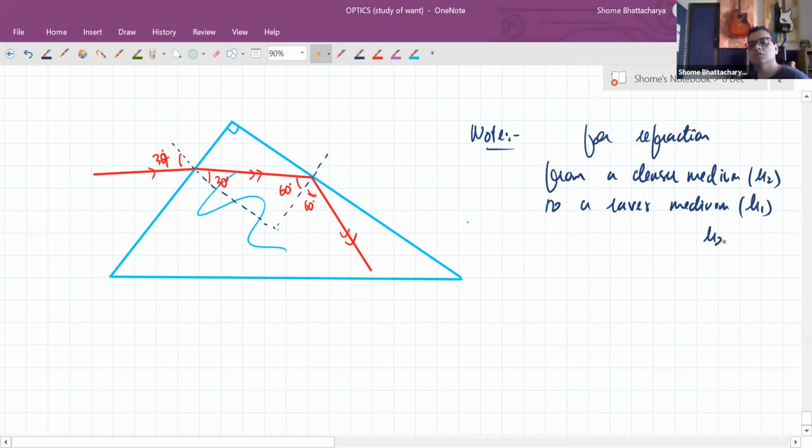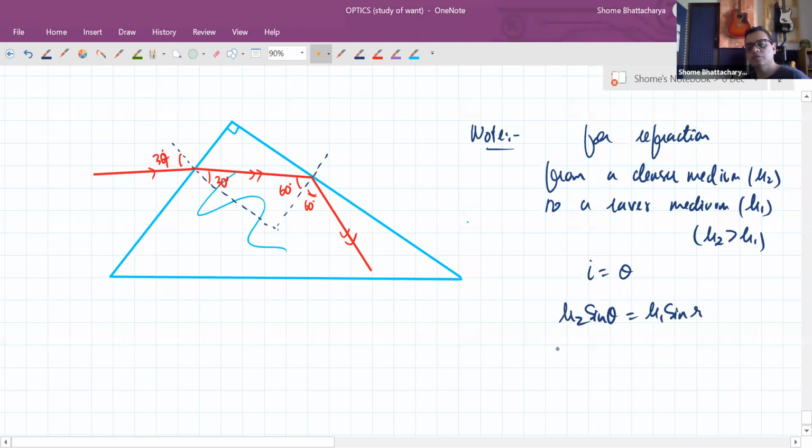So mu2 is greater than mu1. Okay. If the angle of incidence is theta, then mu2 sine theta is equal to mu1 sine of this.